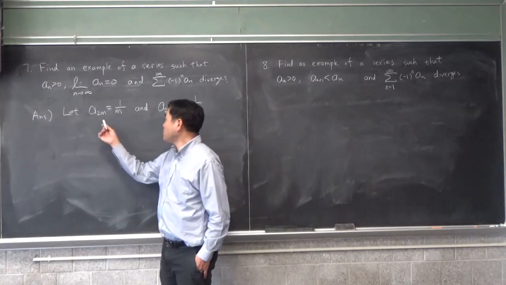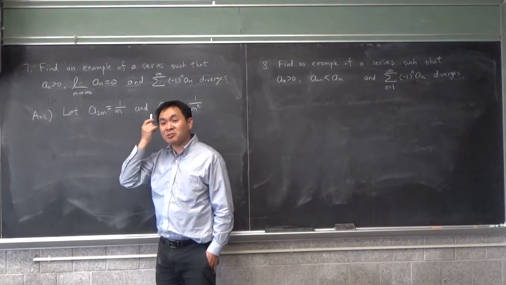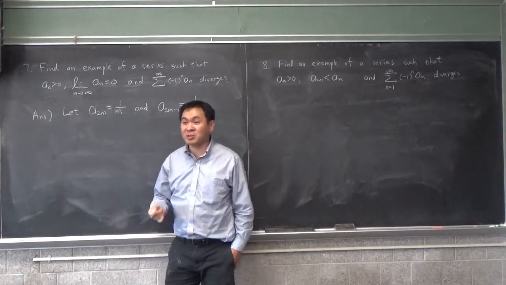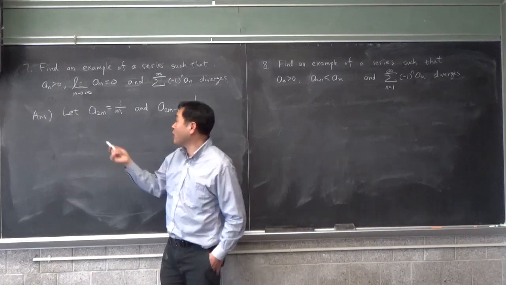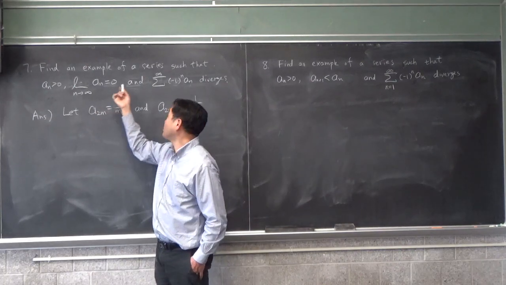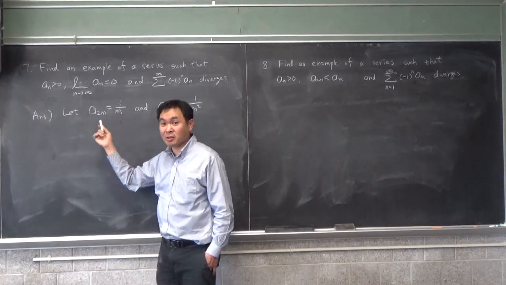It's a little confusing even seeing this 2m. When I write 2m where m is an integer, what does that represent? 2m means it's an even number, right? So any even term of this series, I want it to look like 1 over m.